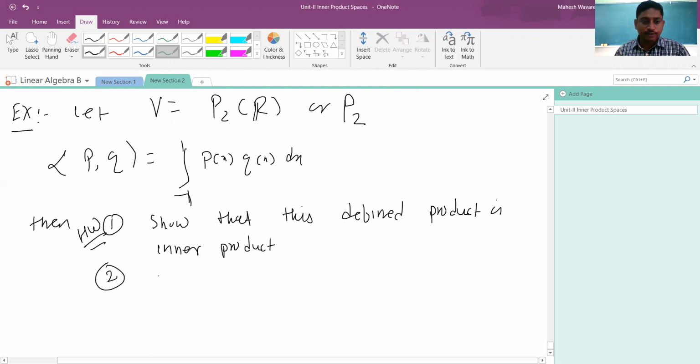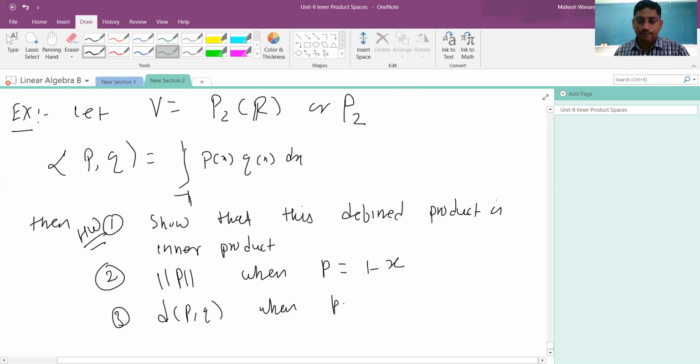Second, find the norm of P with this product when P is 1 minus x. Third, find the distance between P and Q when P is x and Q is x squared.